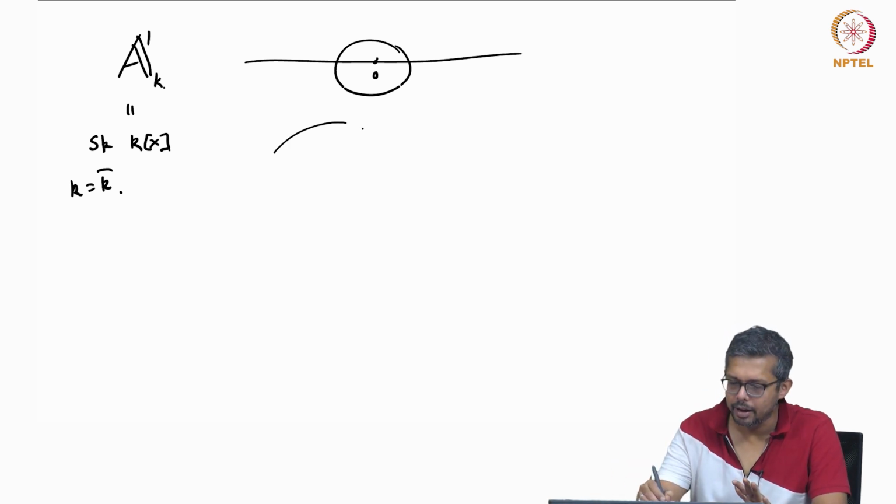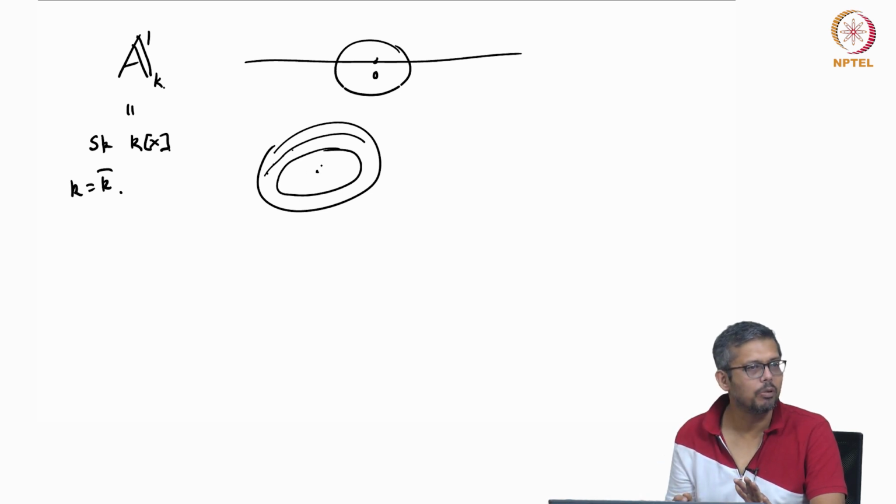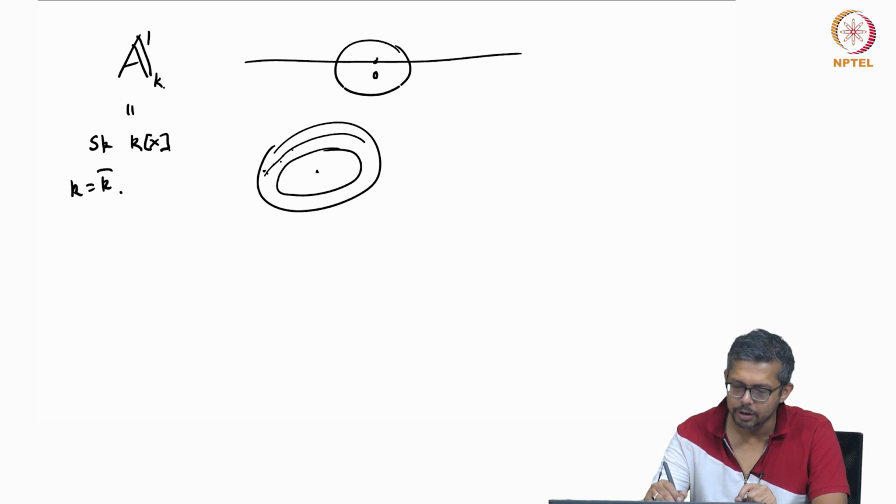So there is this line K, but you have a big fat point, which is a generic point, corresponding to the zero ideal. The maximal ideals correspond to every point here.